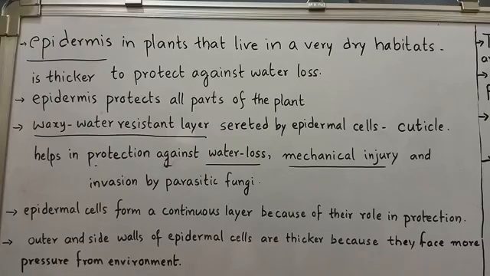Outer and side walls of epidermal cells are thicker than the inner walls of the epidermal cells because the outer and side walls are facing more pressure from the environment. In order to withstand those pressures, they must be thick enough.